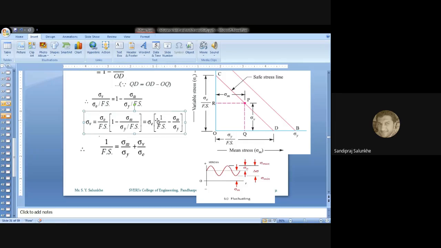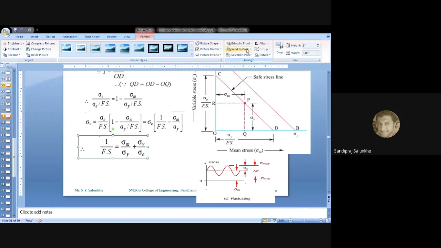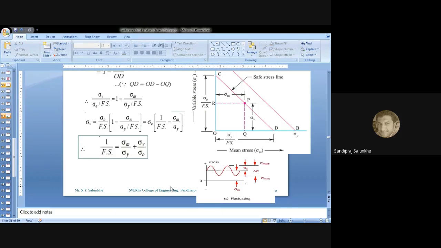And if you want to calculate the factor of safety only, then we can take this to the other side of the equation and this sigma v value to the other side of the equation. The final equation which we are going to get will give us an idea about the factor of safety, as we got in the case of Goodman's diagram also: 1 upon factor of safety is equal to sigma m divided by sigma y plus sigma v divided by sigma e.